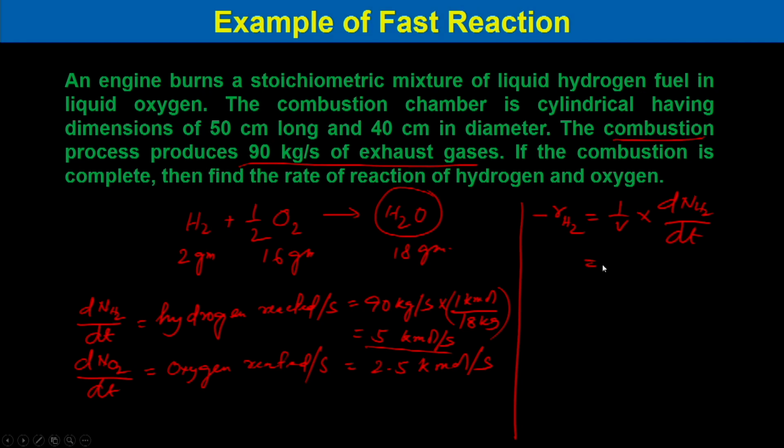If we put the values of the volume, that is 1 by 0.0628 meter cube into 5 kmol per second. So, this would be 79.62 kilomole per meter cube second.